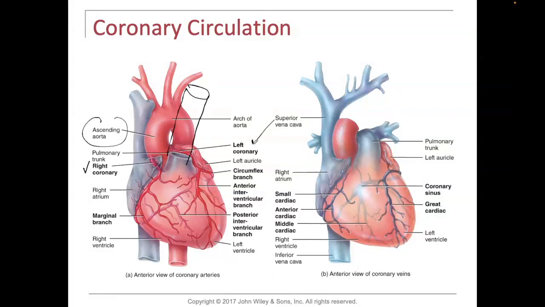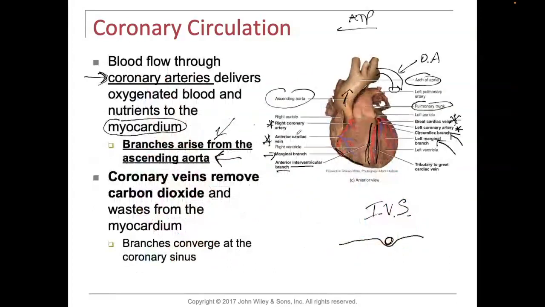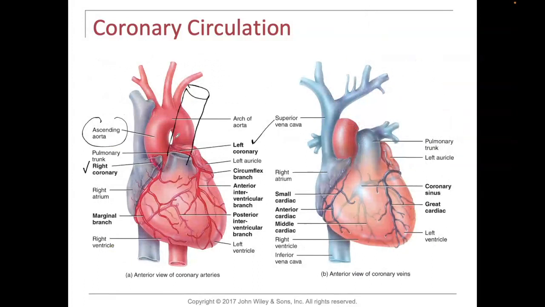And that's why on this view here, we see the pulmonary trunk, we see the left coronary artery coming on this side of the pulmonary trunk, and we see the right coming on this side. But here, we dissect out the pulmonary trunk. So this is the pulmonary trunk. So we can see the left coronary and the right.